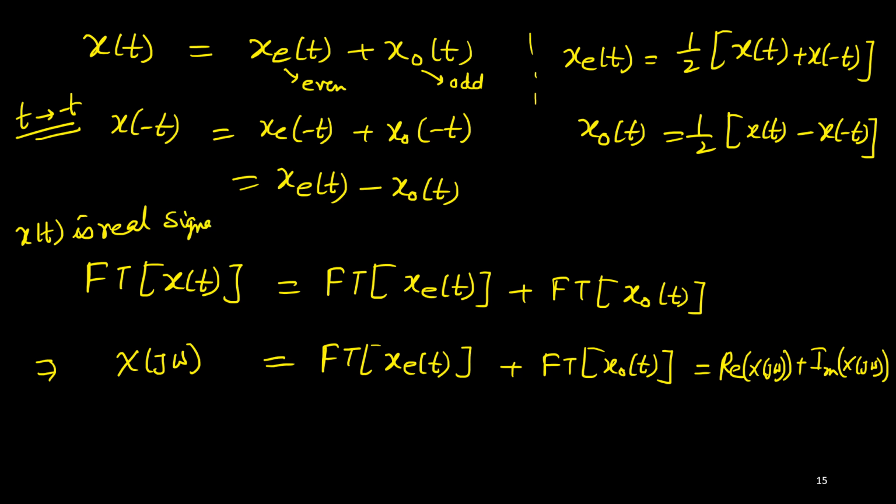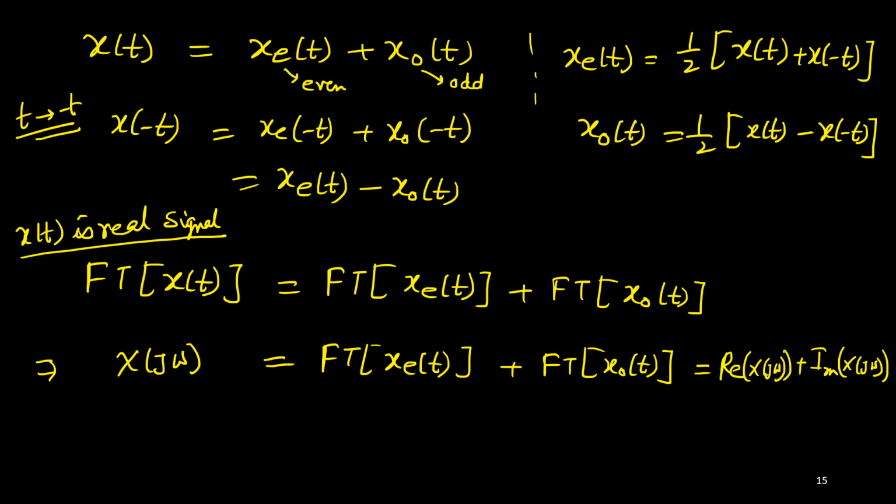And for a real signal, we can get a complex spectrum. Fine. It can have one real part, one imaginary part, like e to the power minus a t u(t). It's a real signal, but its transform is 1 upon a plus jω, right? And you see here, if it is real, then x_e(t) is also real and even.